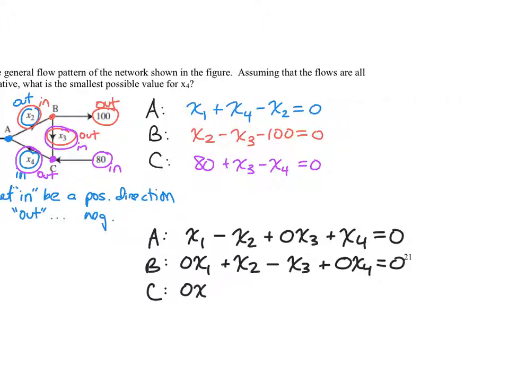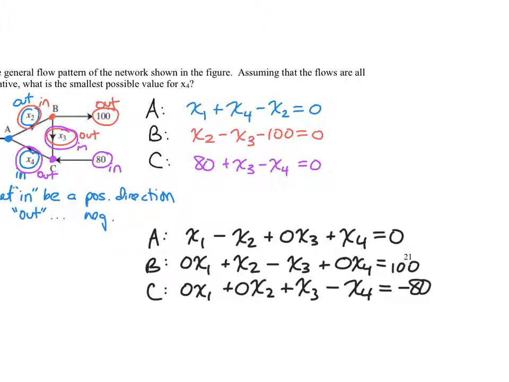And then 0 x1 plus... I missed 100? Where's my 100? Equals 100. Because I'll just move that over to the other side, just so I have all my variables together and all the numerical values together also. 0 x2 plus x3 minus x4, and then on this side it'll be a negative 80.